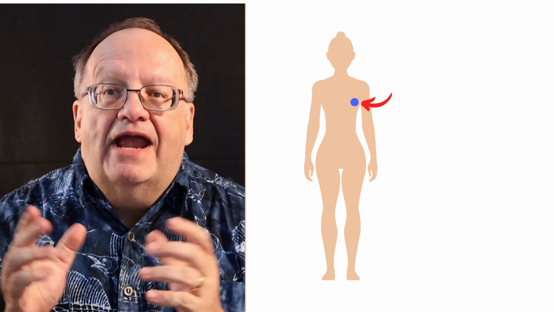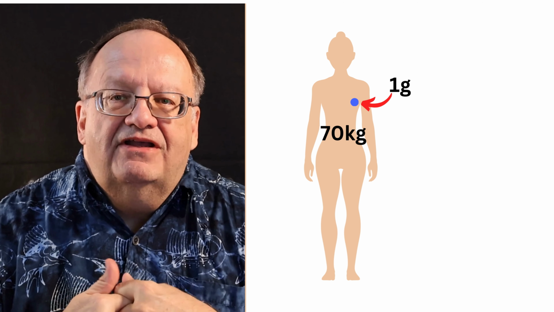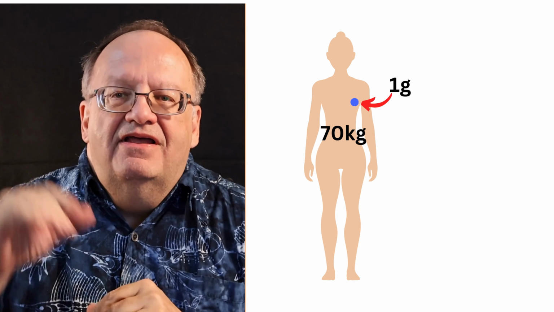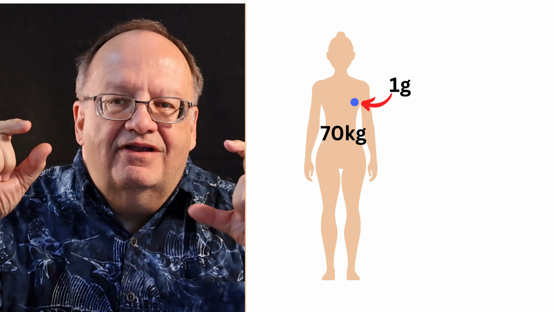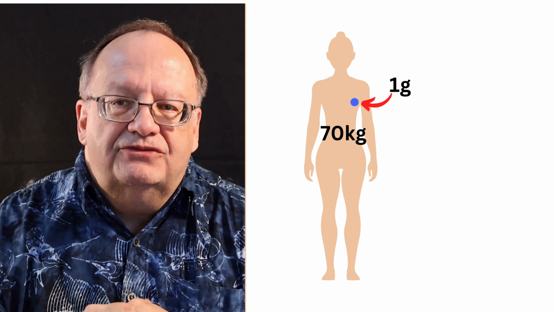Okay, let's do a thought experiment. Let's suppose we're trying to find a breast cancer tumor, and it's maybe 1 to 2 centimeters, which makes it about 1 gram in mass. The average woman is about 70 kilograms. That makes the mass of the tumor compared to the mass of the woman about 1/70,000th.